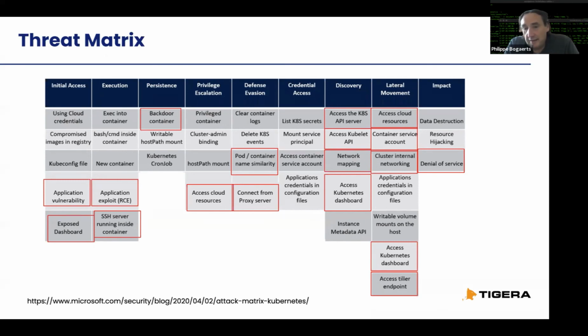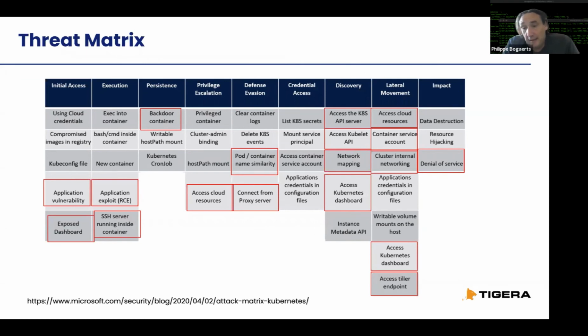So think about it, it's a very important point. Lateral movement is a name that captures what happens if I get into a pod. In Kubernetes, it's pretty simple to move from one pod to another pod, from one namespace to another namespace.